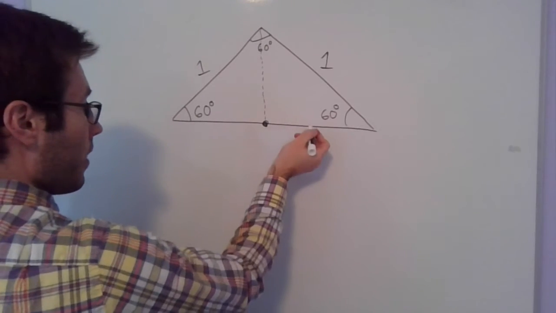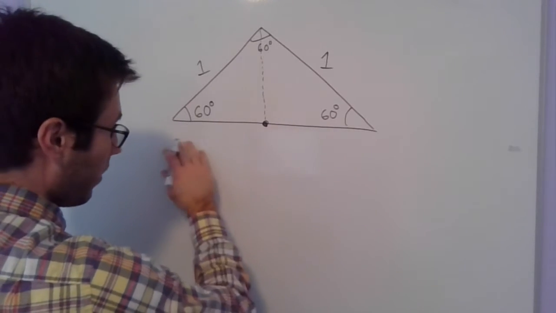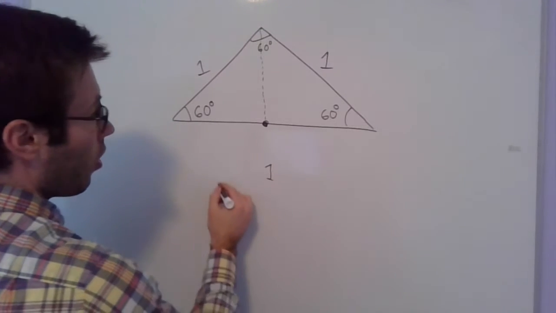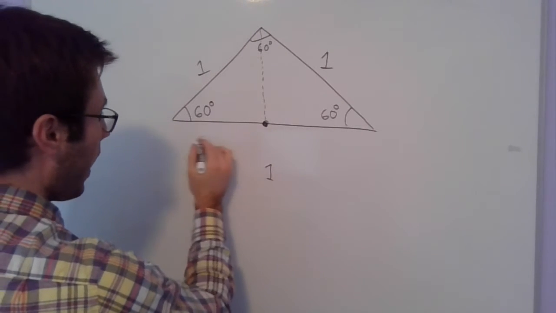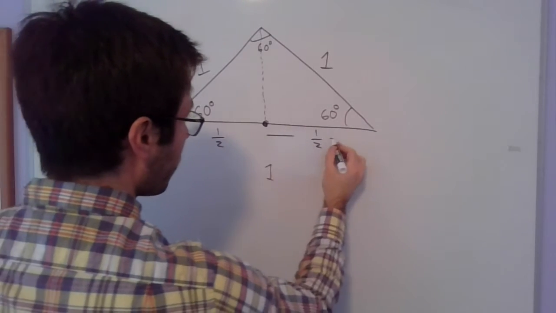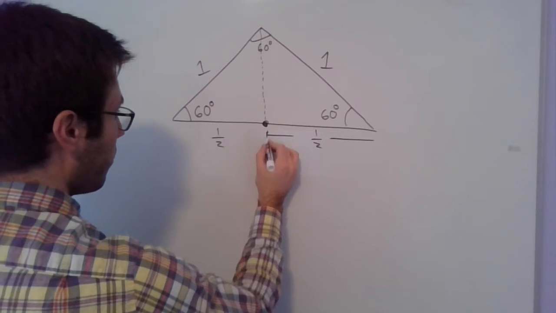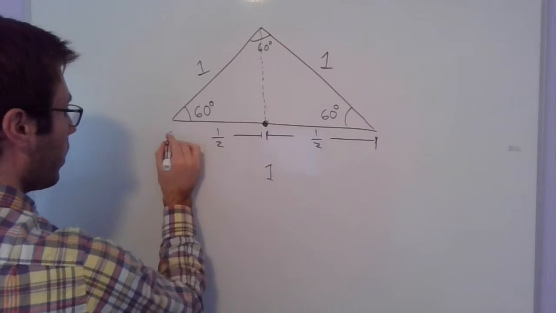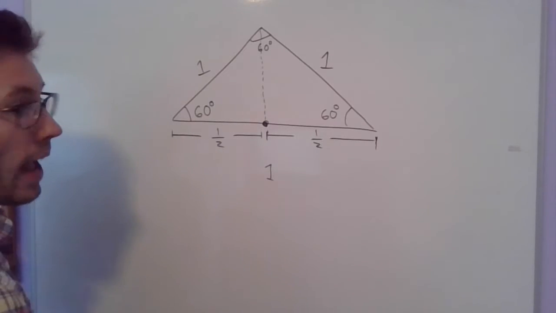Now, when I split this thing in half, this whole length right here was originally 1 as well. So now if I split it in half, this length right here would be 1/2, if I'm just looking from there to there. And also for this value here to here, that would also be 1/2.